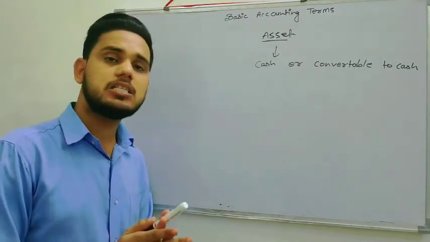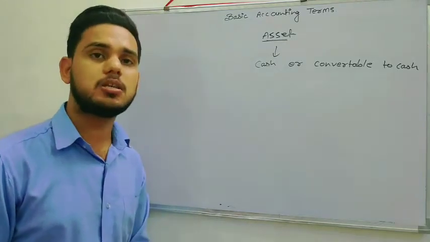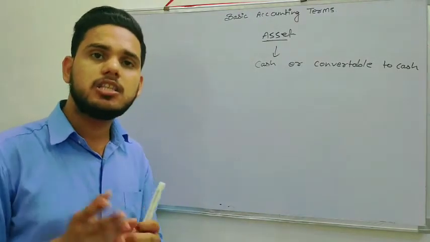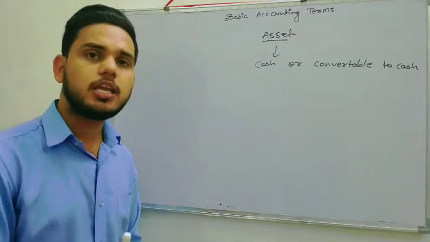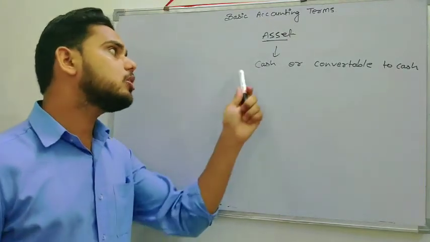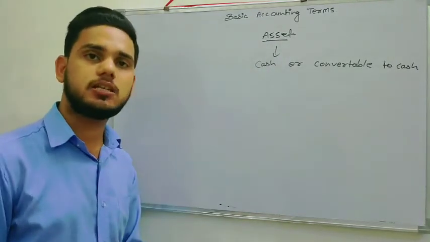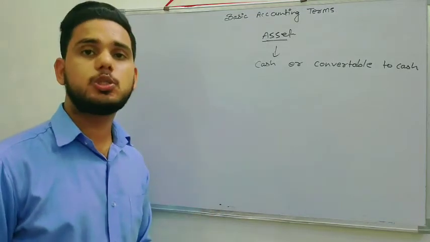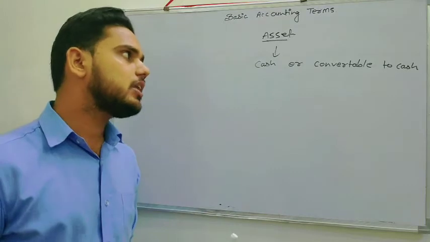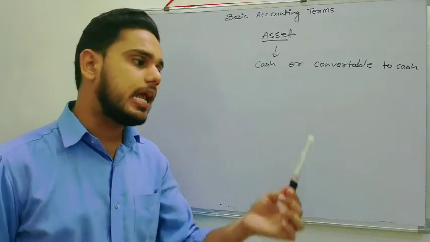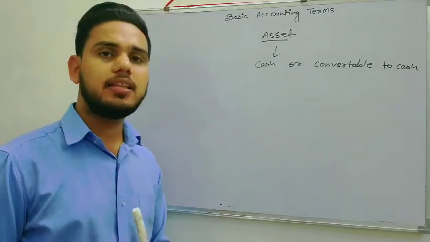For example, the cash you are having, the bank balance, the check you received from someone, all those things fall under the category of cash and will be asset. Now what is convertible to cash? If you are having something and there is a possibility that you can sell it and get it converted into cash, you can classify that thing as asset.